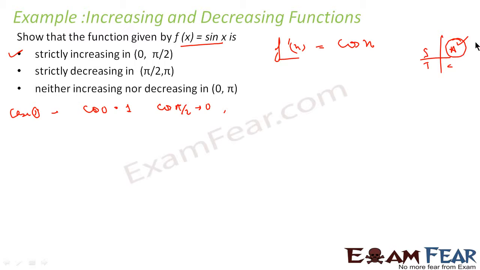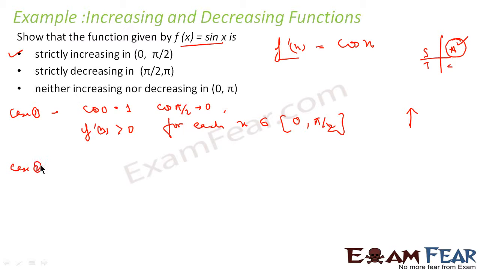So for 0 to pi by 2, you take any value, the cos is always positive. I can say that my f dash x is greater than 0 for each x where x is a member of 0 to pi by 2. If this is true, I can say that the function is strictly increasing. This part is solved.